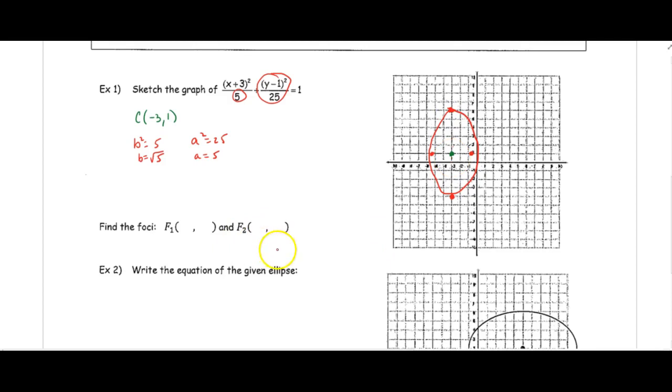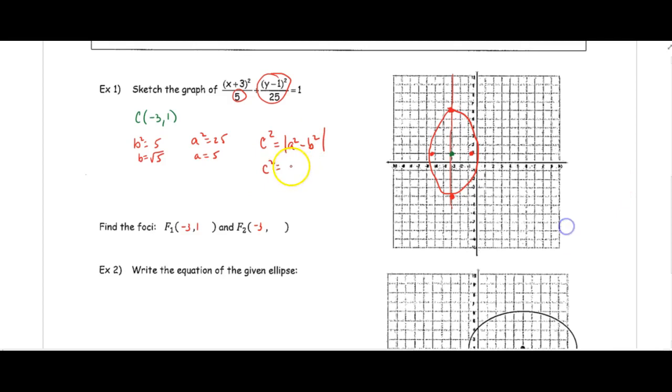Okay, now the foci, right? Remember, the foci are going to land on this major axis here, right? So you know the x value is not going to change. So the x value for both of these is going to be -3. But what are we doing to the y value? Well, the y value is currently 1, and we have to figure out what the distance from the center to the foci is using c squared equals the absolute value of a squared minus b squared.